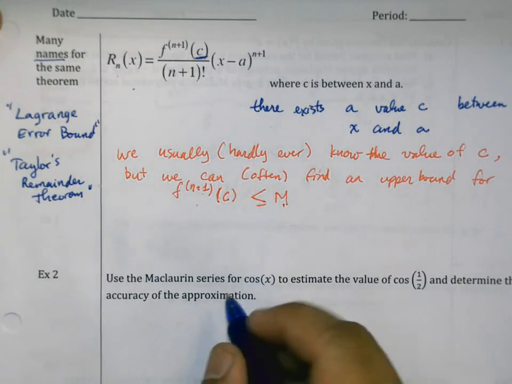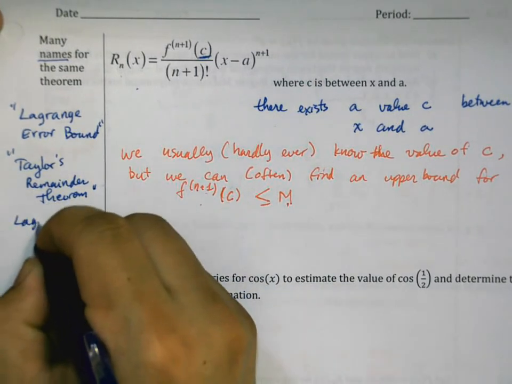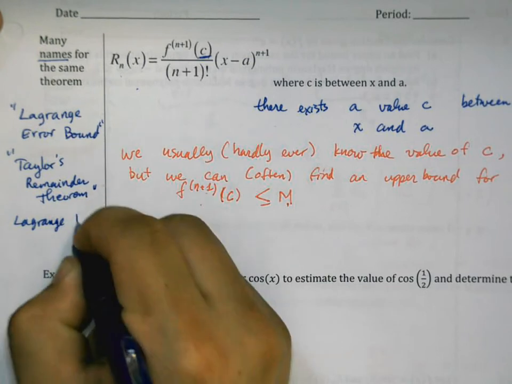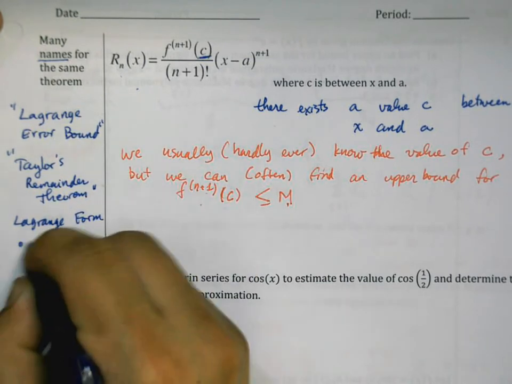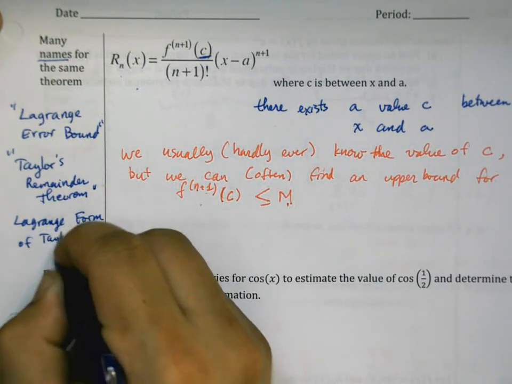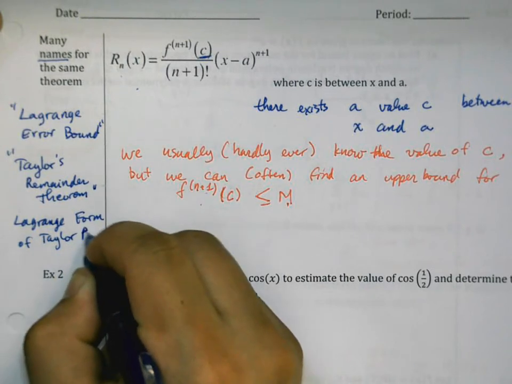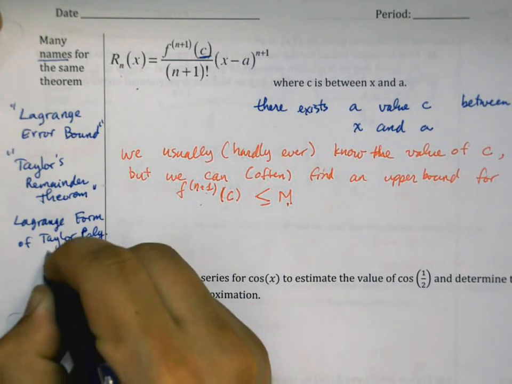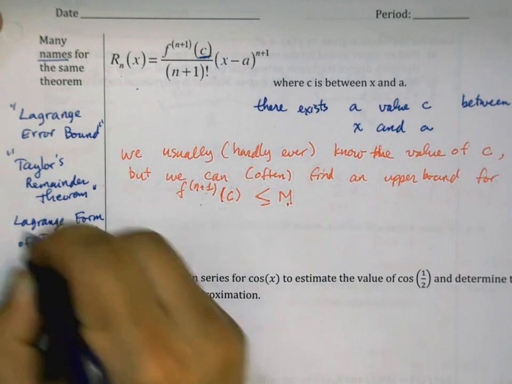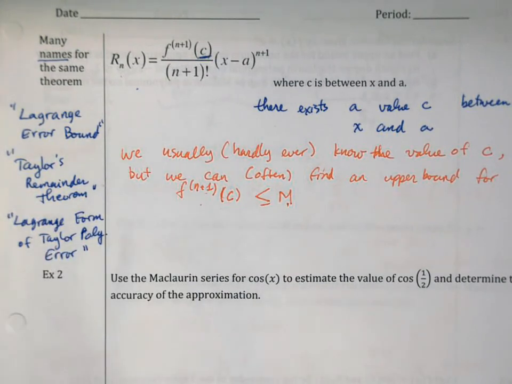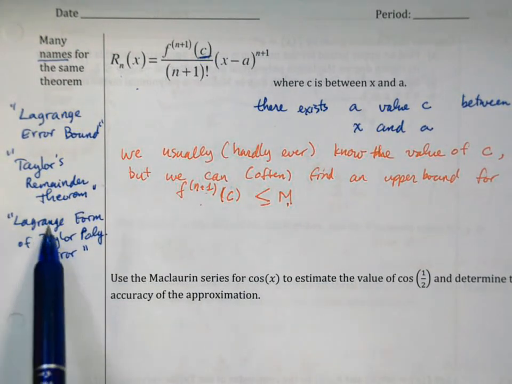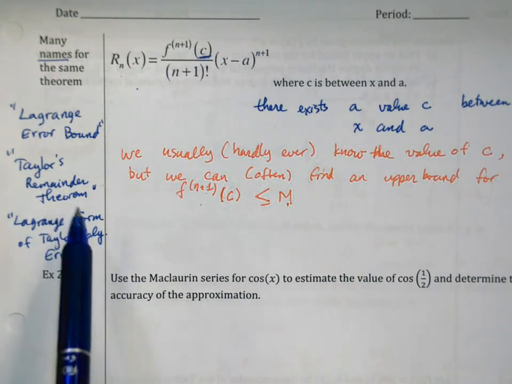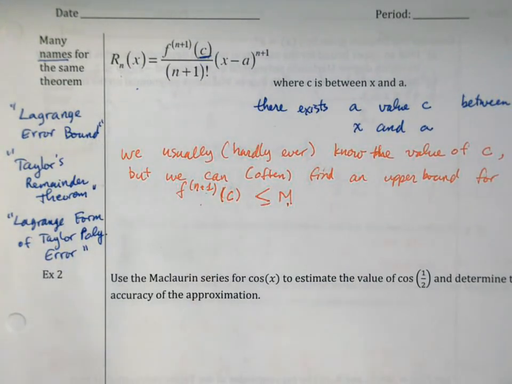And this is also sometimes called the Lagrange form of the Taylor series error, Taylor polynomial error. So Louis Lagrange and Brook Taylor sort of developed this idea around the same time, and they're both given credit for this.